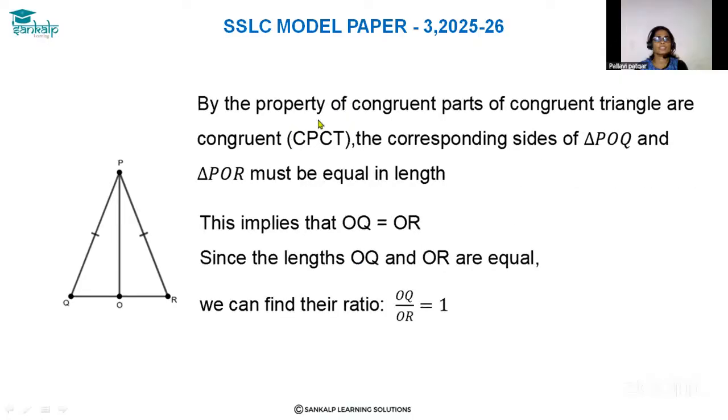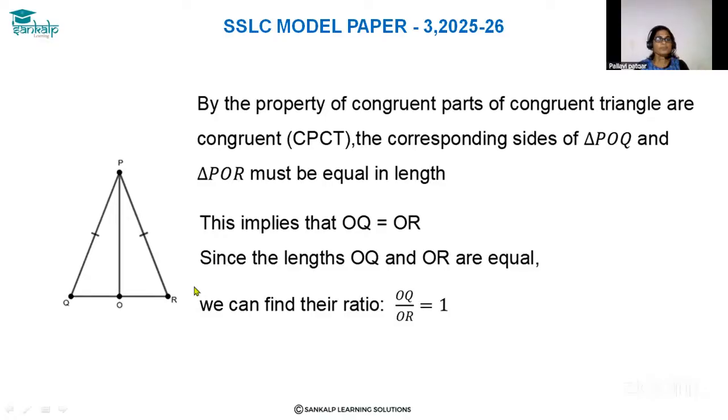So by the property of congruent parts of the congruent triangles are congruent, the corresponding sides of the triangle POQ and triangle POR must be equal in length. So this implies OQ is equal to OR side. We have already said PQ and PR sides are equal, and since PO side is common, that side is also equal. So from congruent parts of the congruent triangles, OQ side is also equal to OR side.